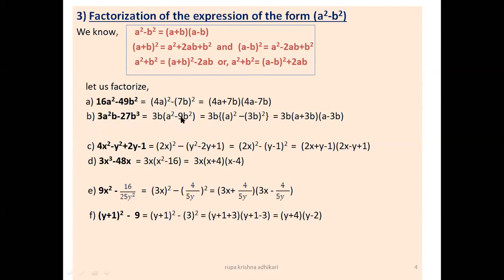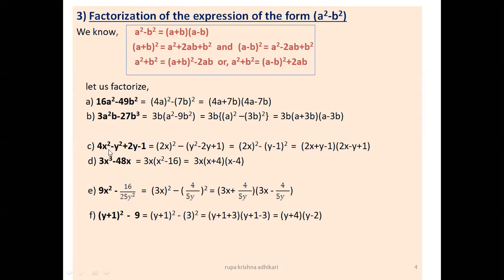Here these are square terms. Hence you can apply the formula, 3b, what is left inside now? a square minus 3b whole square. 9b square is 3b whole square, which is equal to 3b into a plus 3b into a minus 3b. Hence the result.